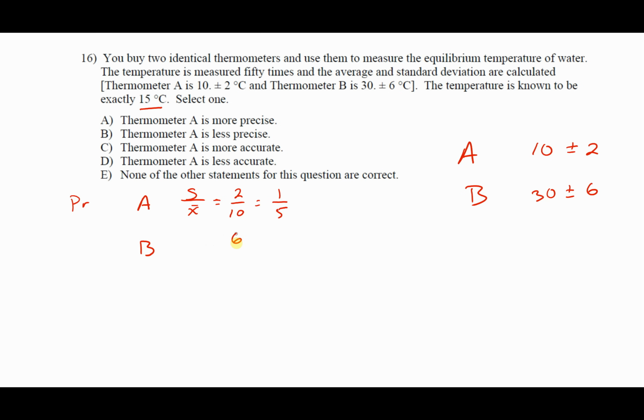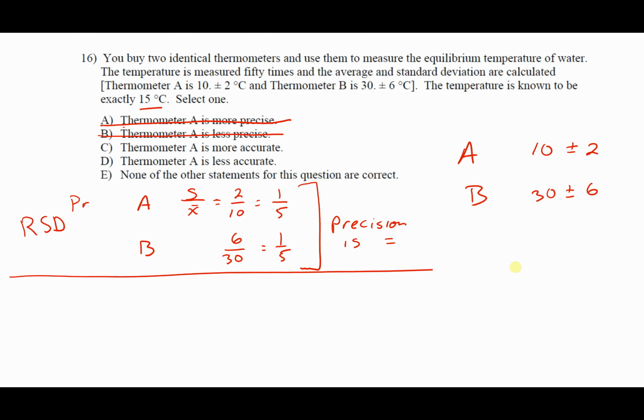And B is going to equal 6 over 30, which equals 1 over 5. So this means, because their RSD here is the same, their precision is equal, right? So it can't be more precise and it can't be less precise. They're exactly as precise.